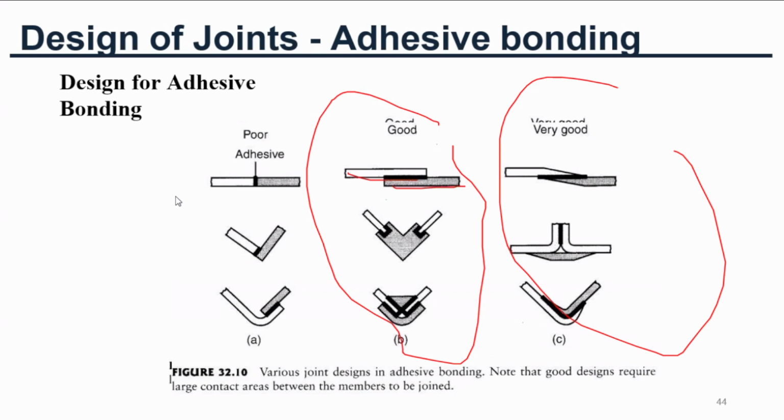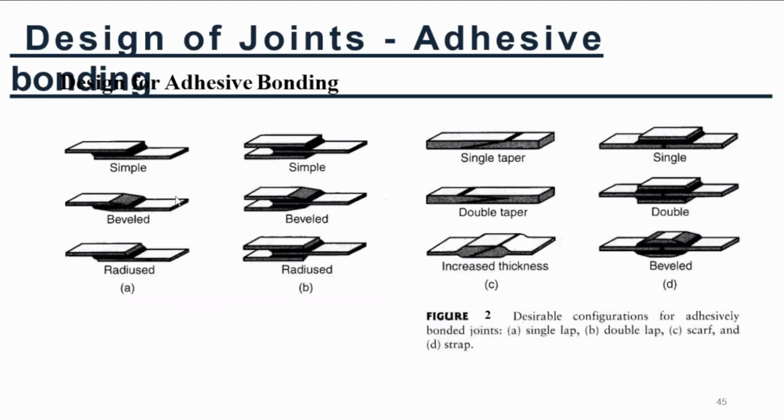Shape is very sharp. This is the very good one, and it also reduces unbalanced lap. And here you can see other adhesive bonding methods.